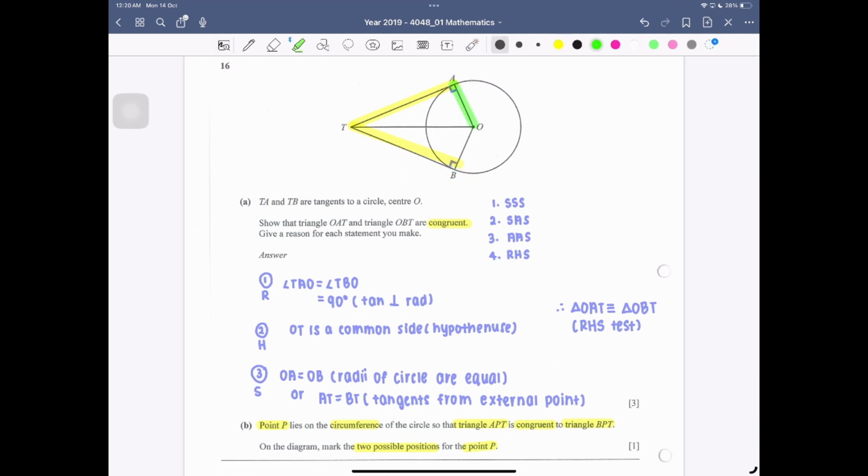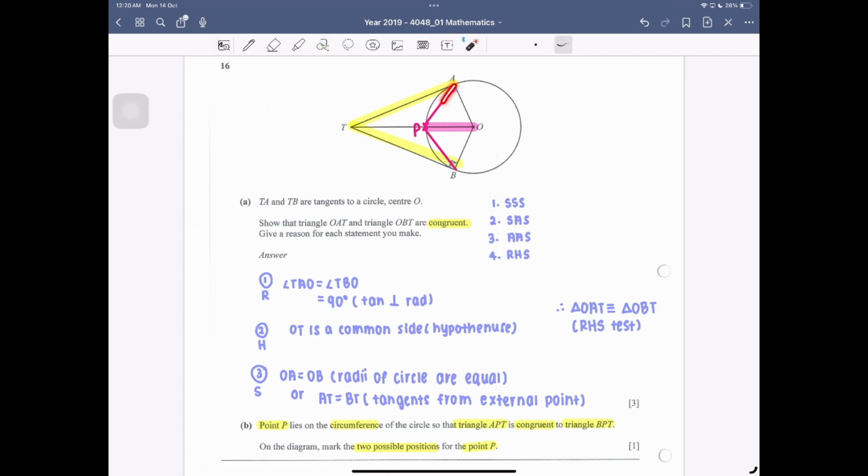Can you see the radius AO here is the same as BO here? If we get another radius, we can form the congruent triangle. So I would suggest that you use this next radius here, which also means you can mark out your point P here. And this is how you form the triangle.